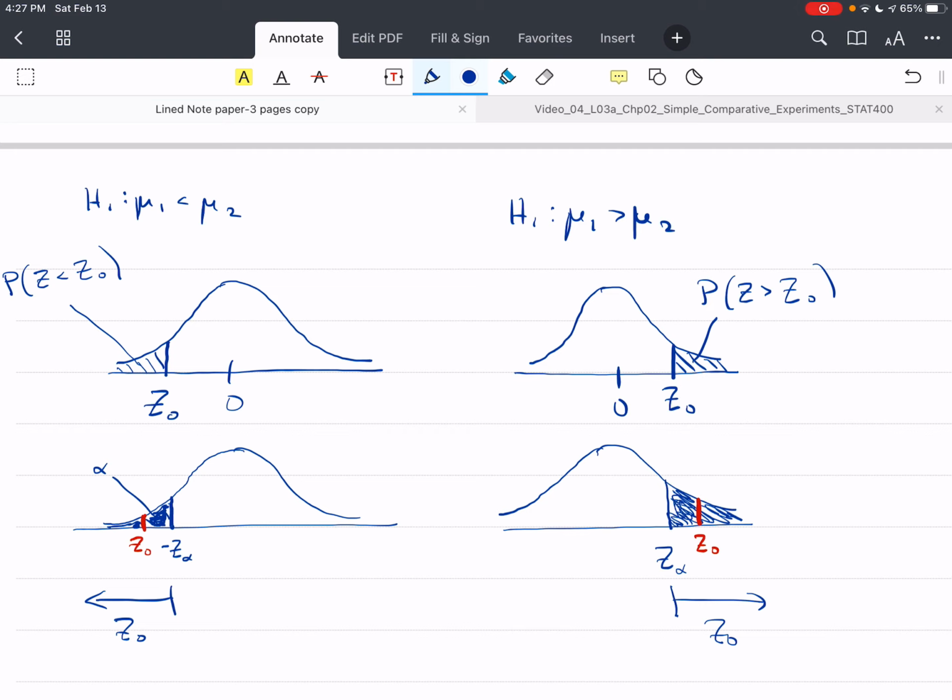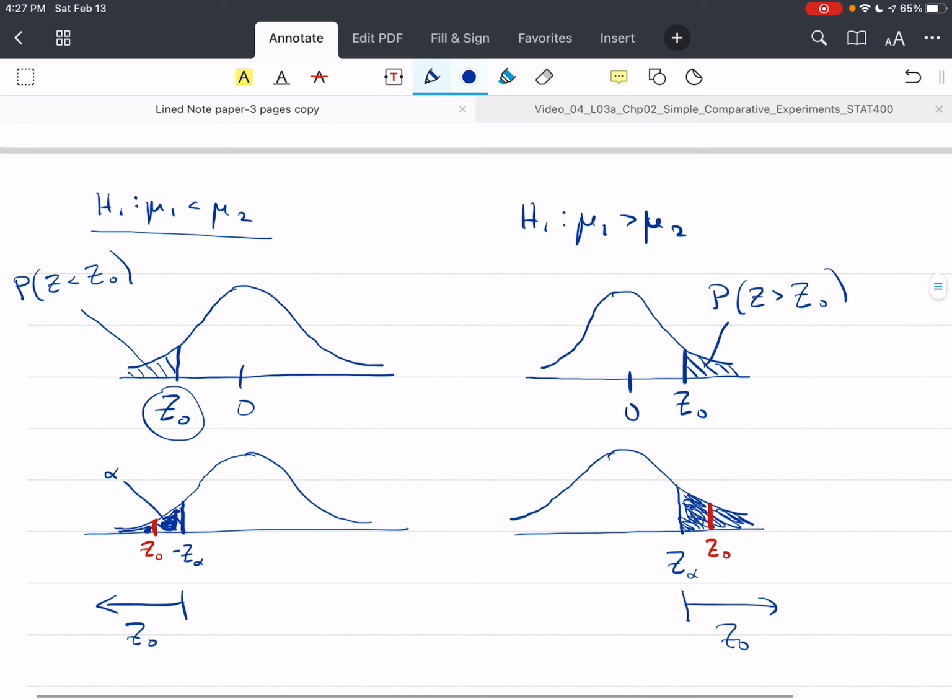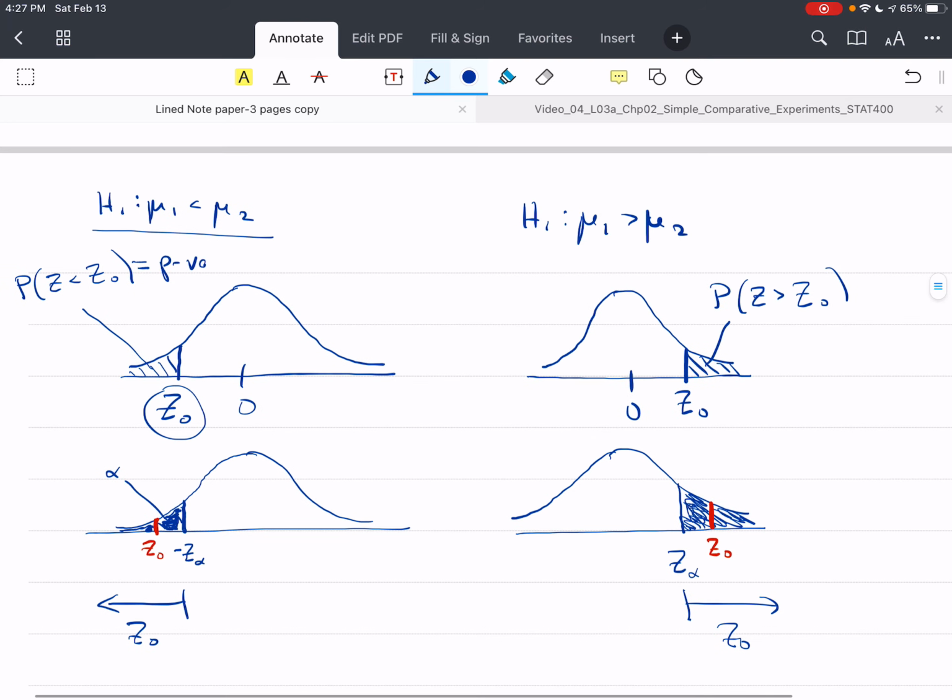If the claim is that mu1 is less than mu2, then we expect z naught to be negative, because y1 bar minus y2 bar should be negative, since y1 bar should be smaller than y2 bar. So if z was less than or equal to z naught, this is going to equal the p-value.